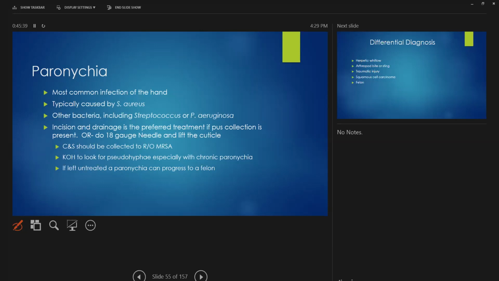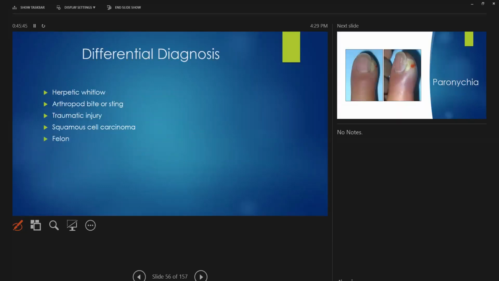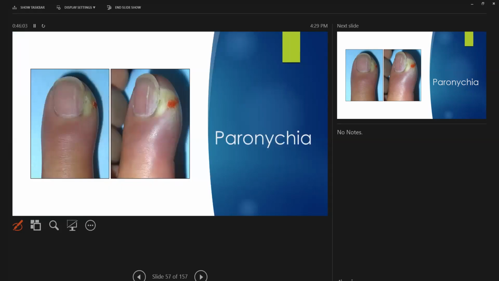And if they're not treated, they can progress into what's called a felon. So let's look at these differential diagnoses for paronychia. These are usually pretty straightforward, but could be herpetic whitlow, could be an arthropod sting or bite, could be a traumatic injury, and could be squamous cell carcinoma or a felon.